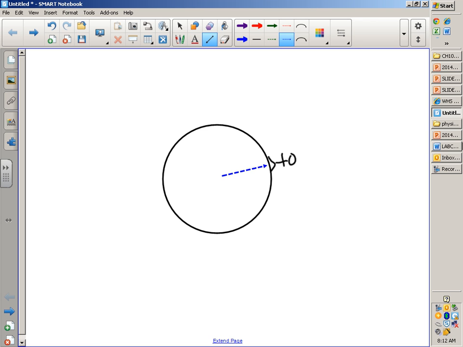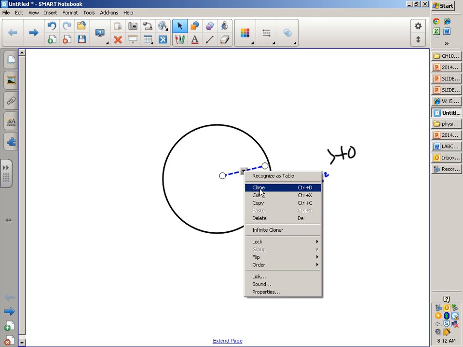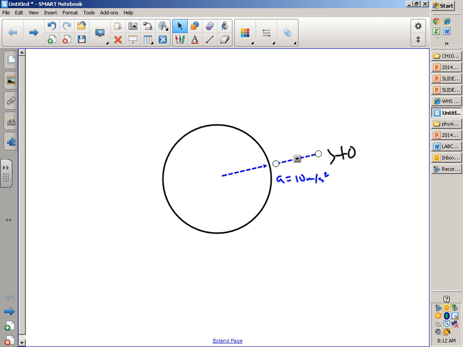And as a result, the acceleration here is 10 meters per second squared. But let's say you went this far away from the middle. Now you're twice as far away.